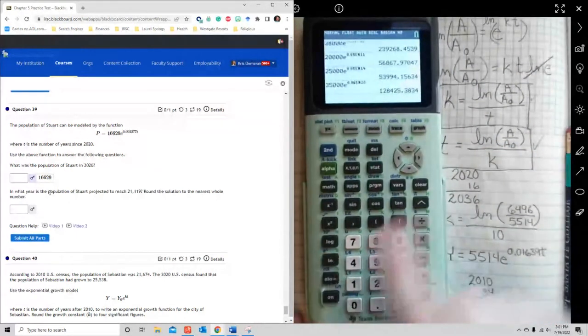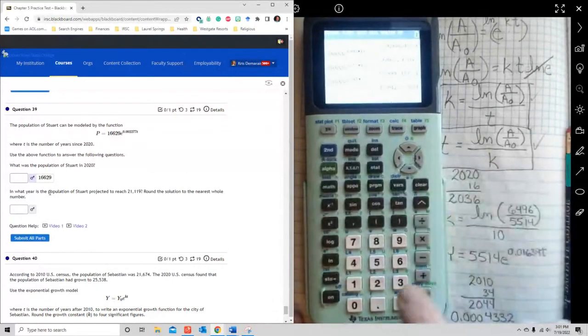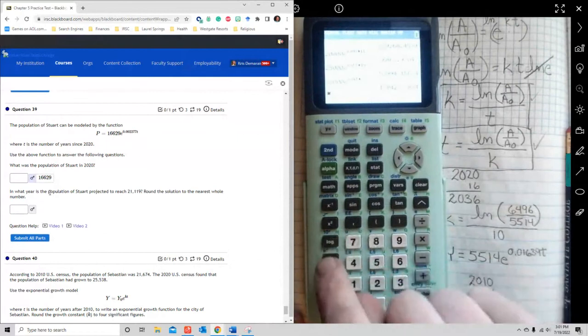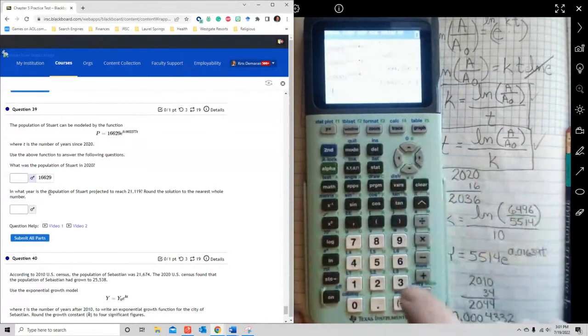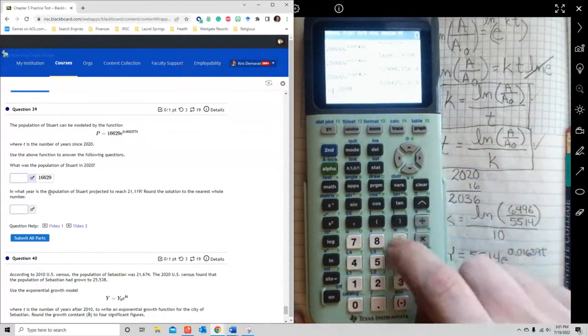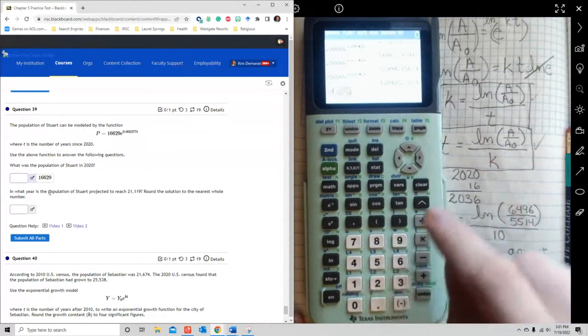So I'm doing second, math, and then ln of, and then I'm hitting alpha, that again. I'm going to get the projected value of 21,119 divided by the initial population of 16,629.